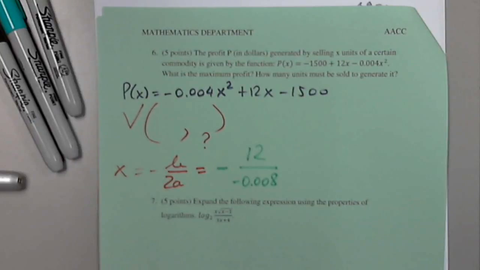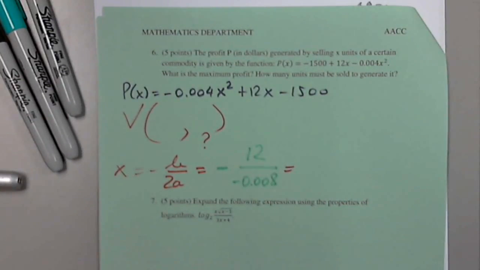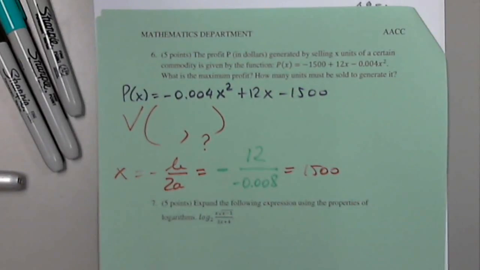You can put it in the graphing calculator and just give me the number. Can this number be negative? Can I produce a negative number of units and still get a maximum profit? No. So this has to be a positive number, and it is, because there is a minus and a minus. So the answer is, how much? Okay. Measurement unit. Without the measurement unit, I can't conclude or continue.